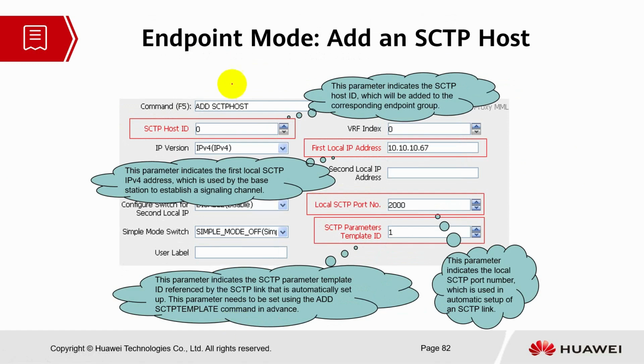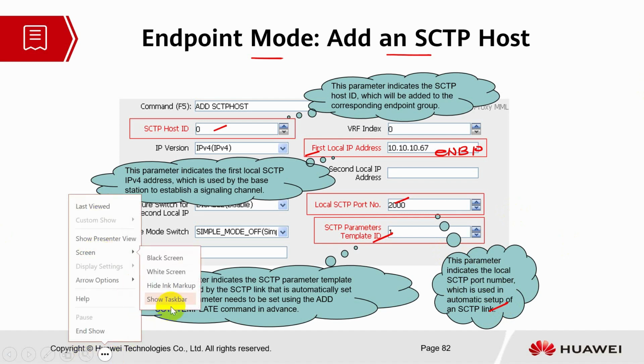So let's look into the STP host. The STP host indicates the ID, first local IP referring to your eNodeB IP, local port number, and the STP parameter template ID that we created earlier. This port number will be used for automatic setup of the STP link. Let's see whether we have this command in our current configuration.